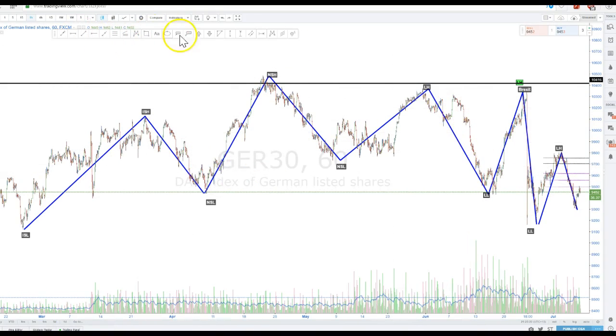So on this chart, based on this chart, I would have just entered short here, assuming that this is going to continue the trend. My stops would have gone above one of these levels here, and that would be it, I would have been in the trade.